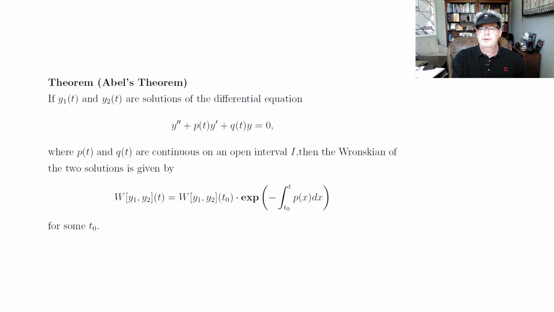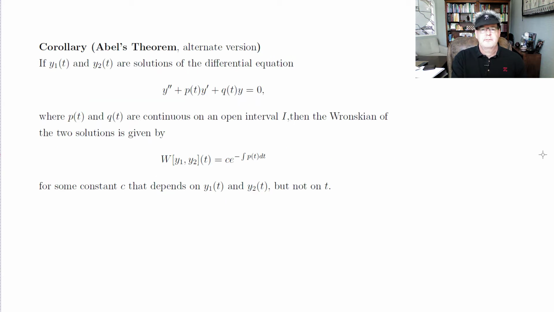A more useful version for us is this alternate version of Abel's theorem. If we have two solutions of the second order homogeneous differential equation, then the Wronskian of those two solutions must be some constant times e to the negative antiderivative of p of t dt.